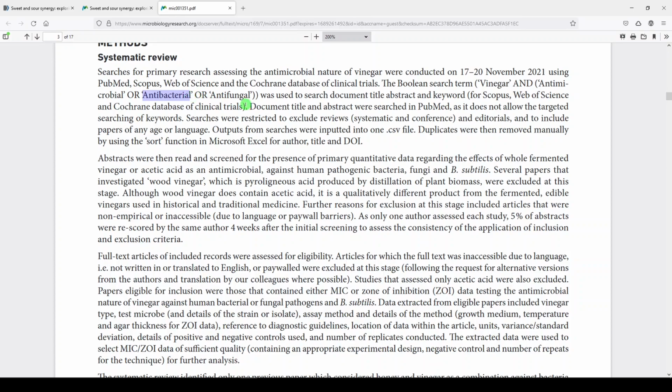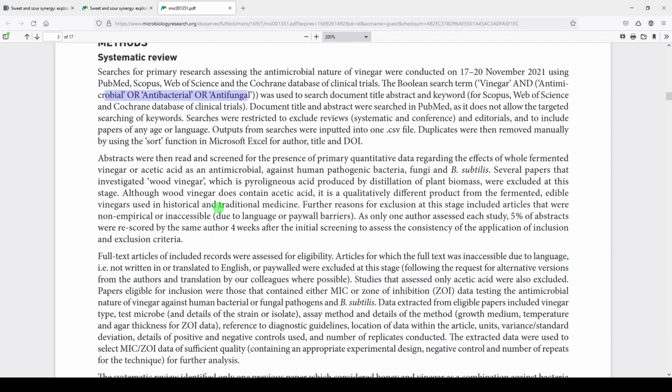So I would encourage them to use additional terms here: vinegar, acetic acid, and honey. And then for the second concept, to maybe add some of the converse, some of the antonyms of these terms. So bacterial, fungal, microbial, biofilm. I just don't think it was comprehensive enough.